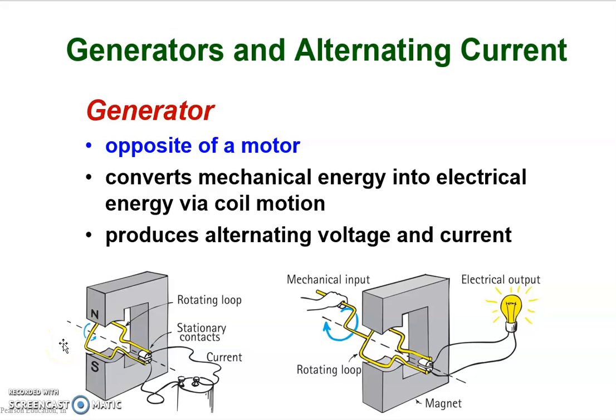So what happens in the motor is that you provide electric potential energy, and this electric potential energy will be converted to mechanical energy. Let's use cars as an example. When you press the gas, you produce the current. The current passes through the coils in the motor, and they start to rotate.